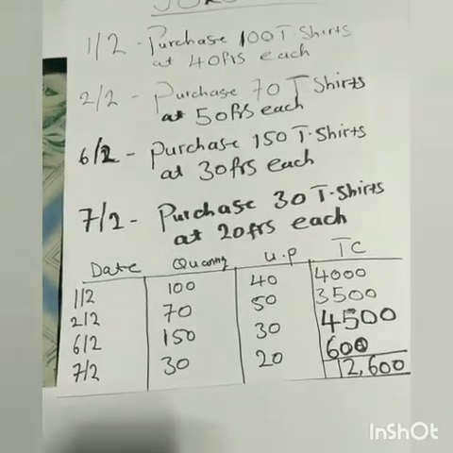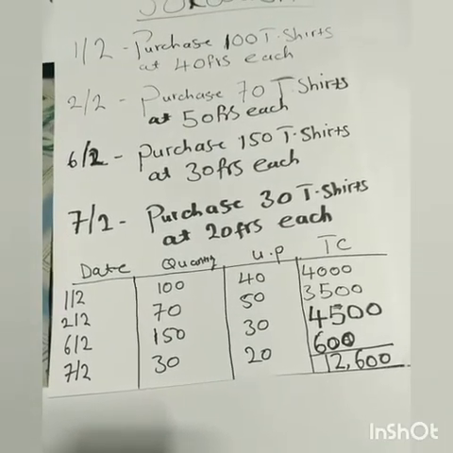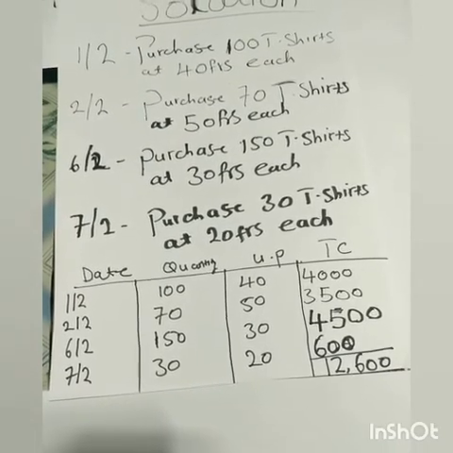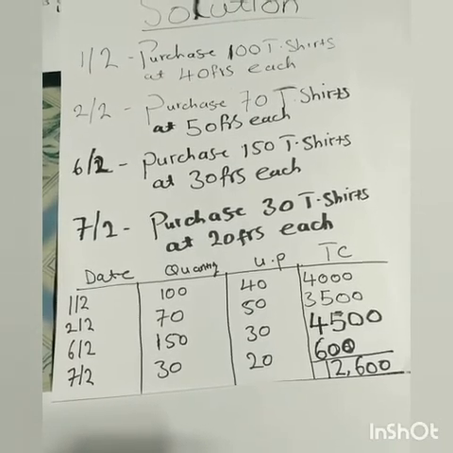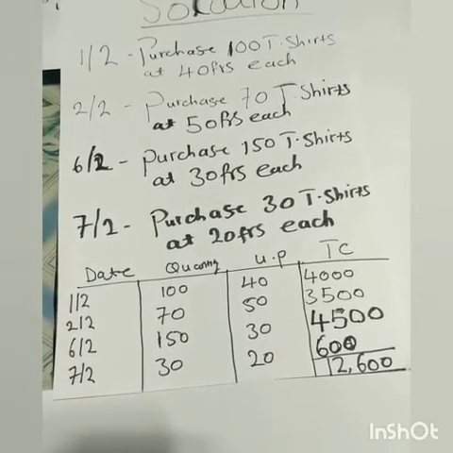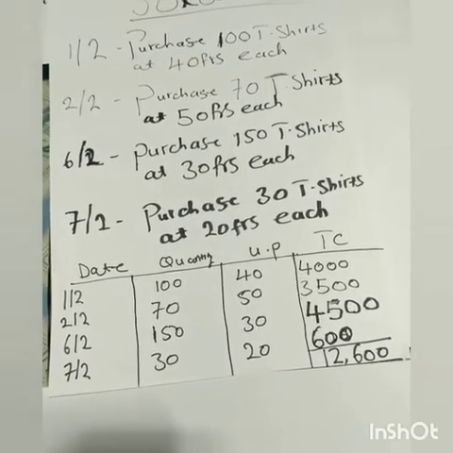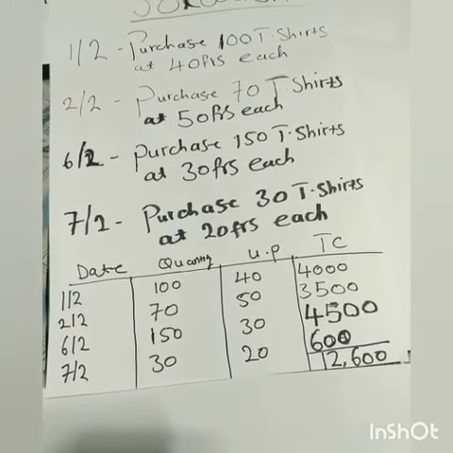All right, so I have explained that what you need to do first is to put everything in chronological order. If you're given an exercise, go through that exercise and arrange it. In the exercise, we had a mixed exercise where they started with the 6th of February, then went to the 2nd of February, then the 7th of February, then the 1st of February.